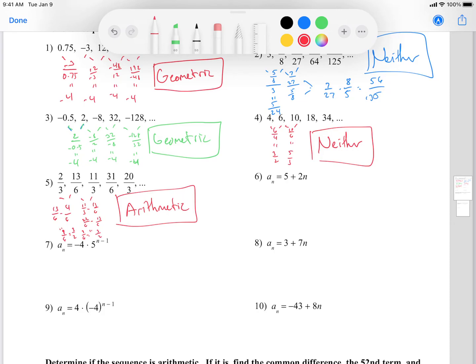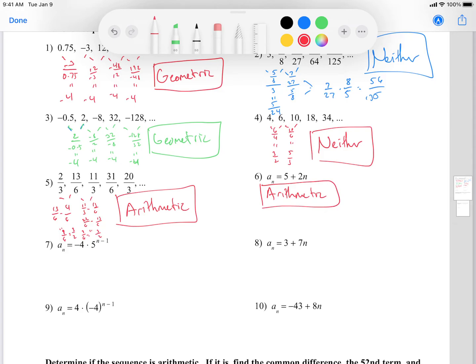Anyone else? It's actually arithmetic. This is actually arithmetic.